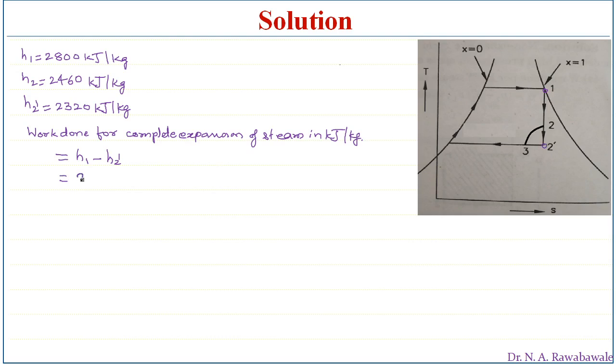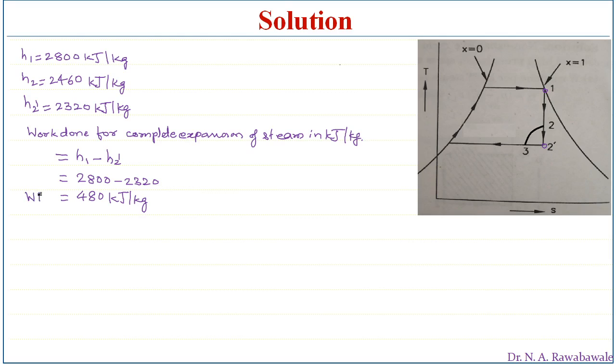H1 is 2800 minus H2 dash, 2320. So from this, 2800 minus 2320 gives 480 kilojoules of work per kg, which is work done 1.